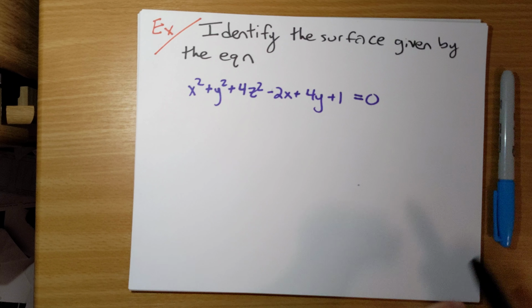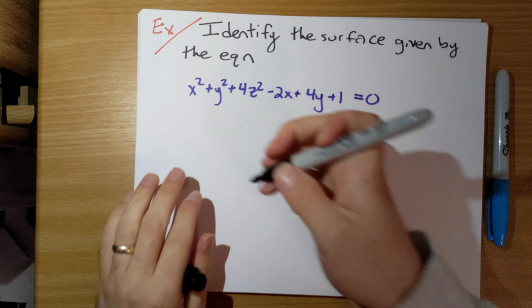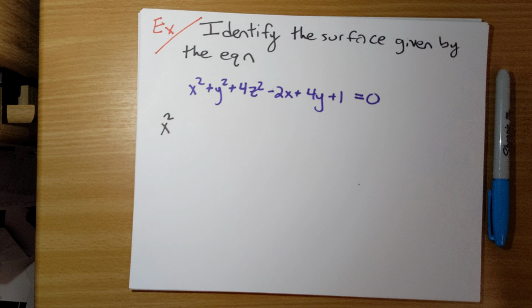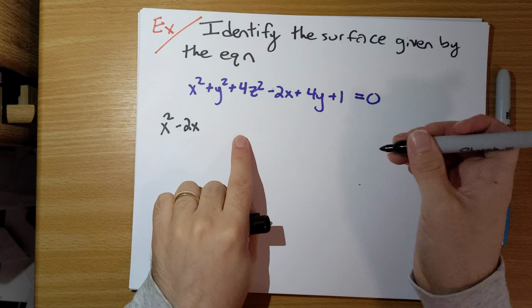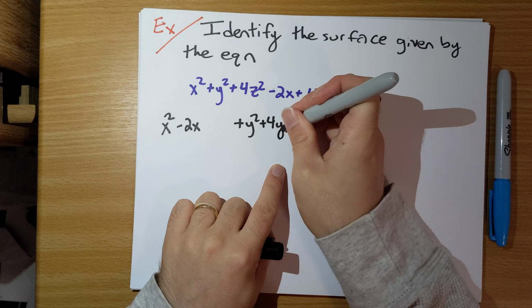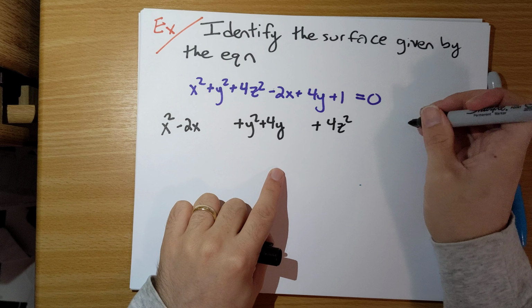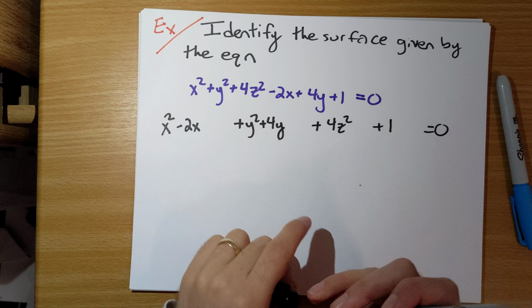So how we're going to attack this is to group the x terms, the y terms, and the z terms together. So we have x squared minus 2x plus y squared plus 4y plus 4z squared plus 1 is equal to 0.